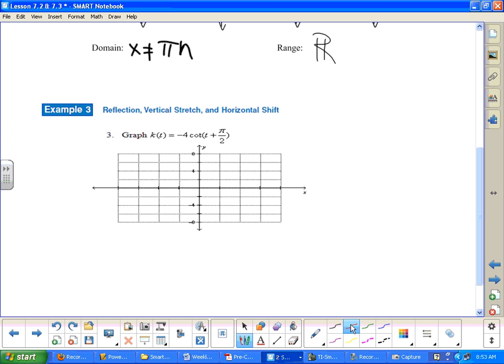We have -4 cotangent of t plus pi over 2. What's this negative out front tell us? First we have a vertical reflection, because of the negative.